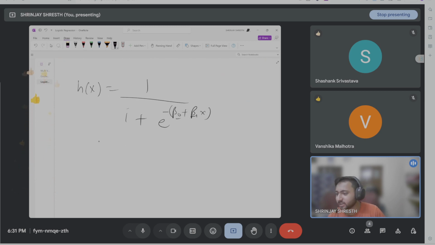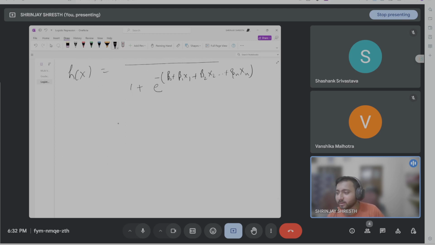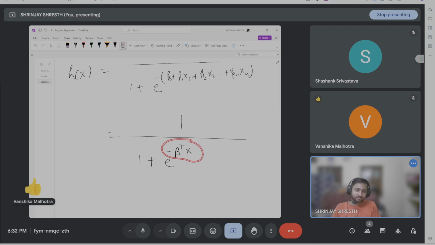If you want to take n features, h of x would be 1 over 1 plus e raised to the power minus (beta naught plus beta 1 x1 plus beta 2 x2 till beta n xn). So हमने देखा था, if you would remember from multivariable linear regression, I can actually write it like this.